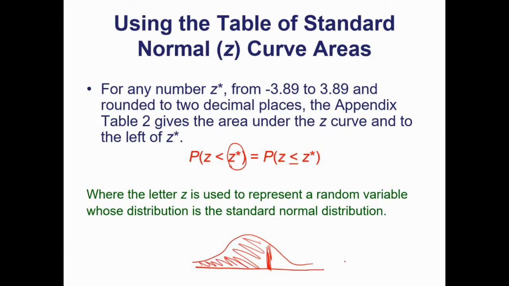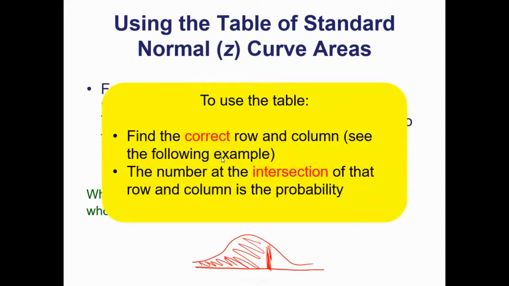It'll never give you the right. You have to calculate the right, and we're going to talk about how to do that, but just know it's always going to be to the left. So to use the table, you find the correct row and column, and we're going to do some examples. And the number in the intersection of that row and column is our probability.